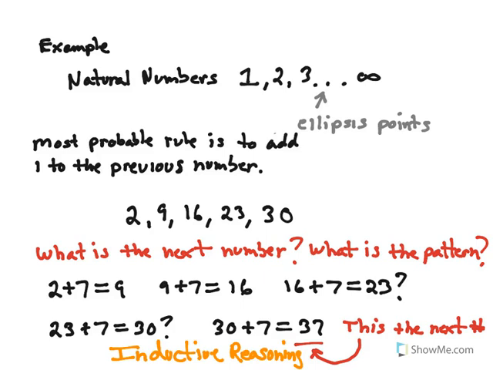Does 16 plus 7 give me 23? 23 plus 7 equals 30. And would the next number be 30 plus 7, which gives me 37? That would be probably the most logical answer. It would be 37. And that would be an example of inductive reasoning. We are using observations and patterns to come up with a conclusion.